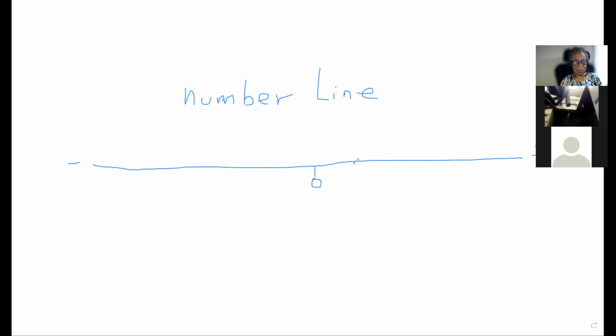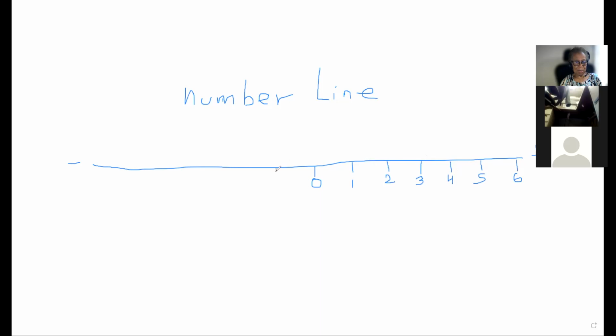Now we can put numbers here. This is a 1. This is a 2. They're not drawn right to scale, but just so you get an idea of a fraction. This is a 3, and we'll say a 4. These are all plus numbers, all right? And 5, and 6. Then on the left side, I want to put negative numbers.